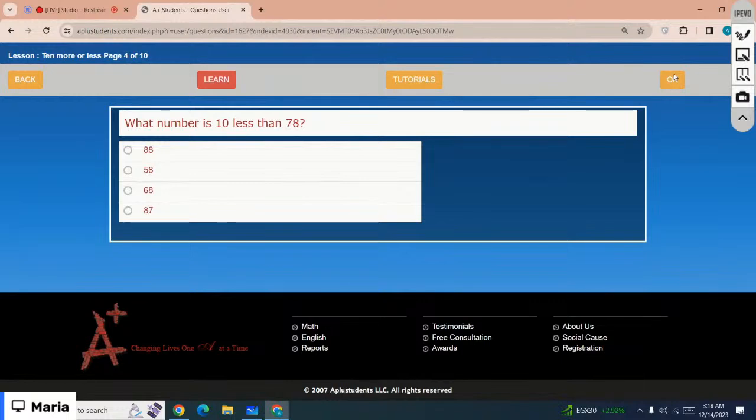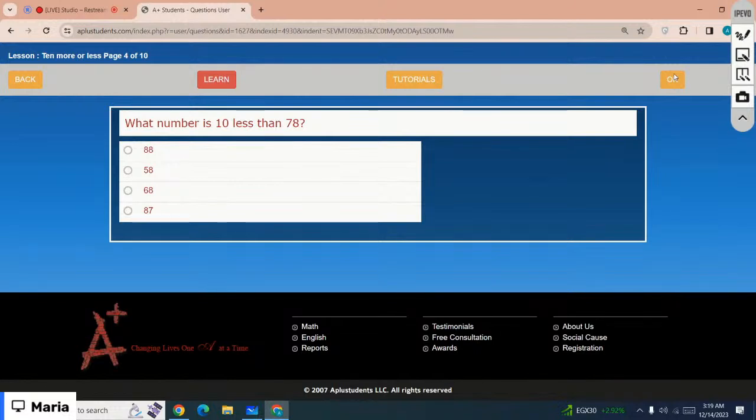What number is 10 less than 78? Which is the correct option? Ten less than 78, right?